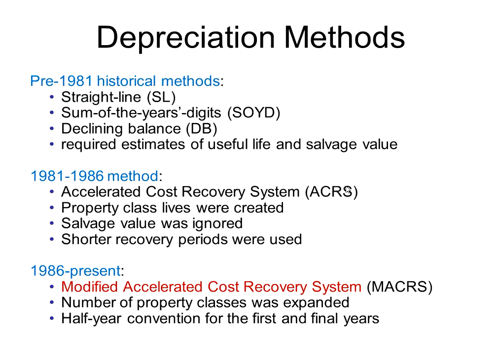Then starting with 1986, which is over 30 years ago, the modified accelerated cost recovery system was introduced. The previous ACRS method was further modified, where the number of property classes was expanded, and half-year conventions were introduced for the first and final years, to account for the fact that the asset is usually purchased somewhere in the middle of the year, or potentially at the end of the year, or still at the very beginning of the year.